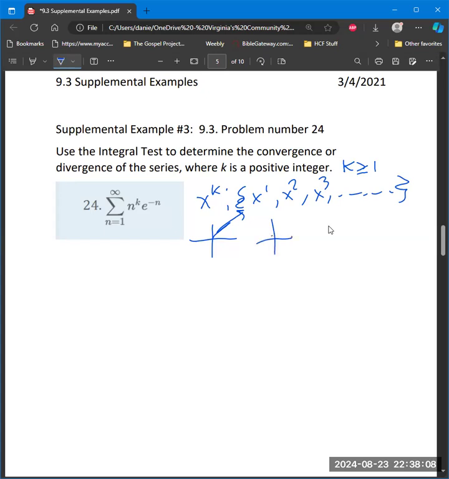So then I get y equals x, y equals x squared, y equals x cubed. It's going to grow a little faster than that. y equals x to the fourth, going to grow faster than that. So on and so forth, like that, right?